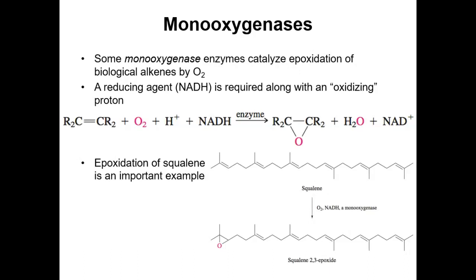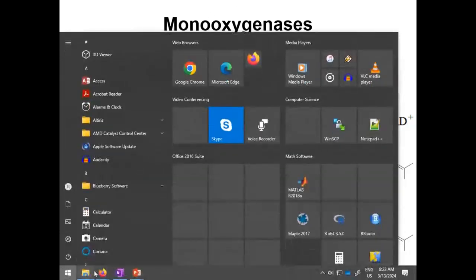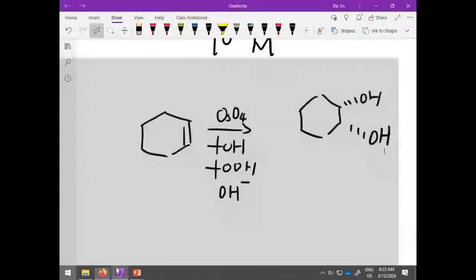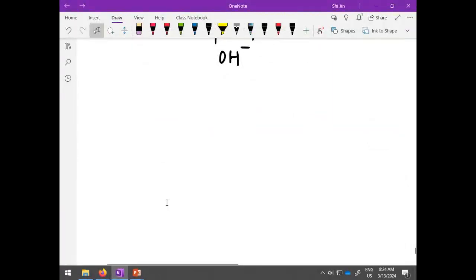If you want to do two steps, that one is in the recorded video. You can first treat the alkene with halogen in water. Then treat the product mixture with base.